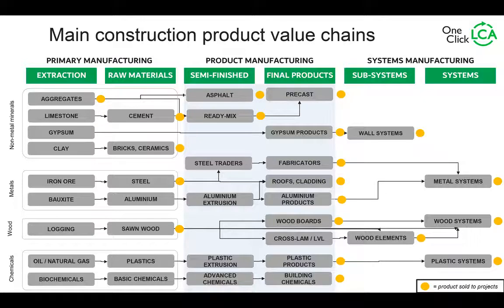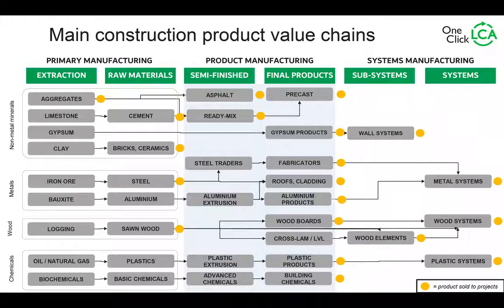Wood comes from the forest, goes to a sawmill, and then it's going to be used in different ways depending on the fraction. If it's sawn boards, it goes to boards. If it's chips, it goes to particle board and such like. It can also go to more advanced manufacturing like glue lamination, cross lamination, and such like, which can then be used for making elements or even systems.